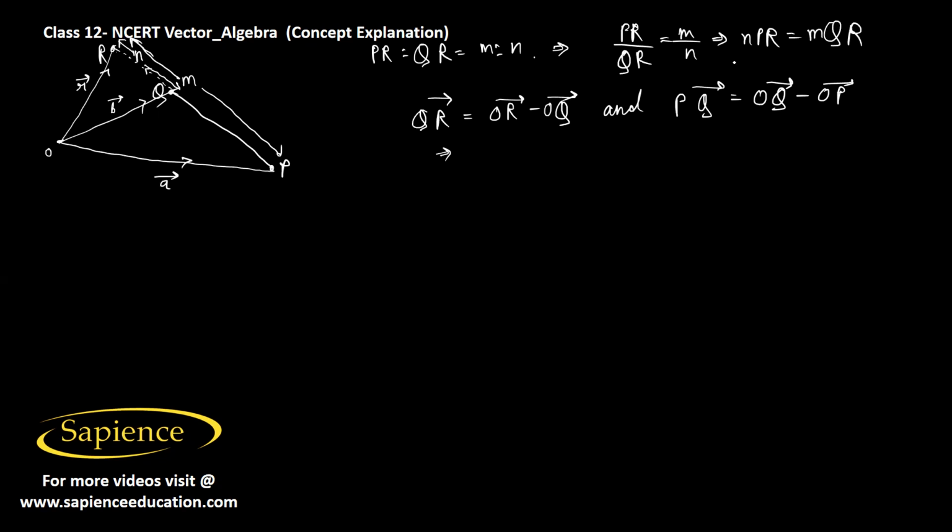Now, since the directions of PQ vector and PR vector are the same, PR vector is obviously OR vector minus OP vector.